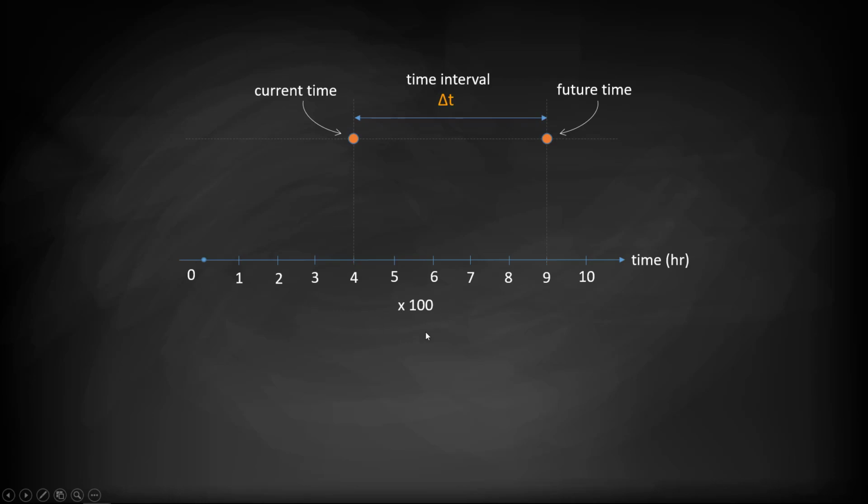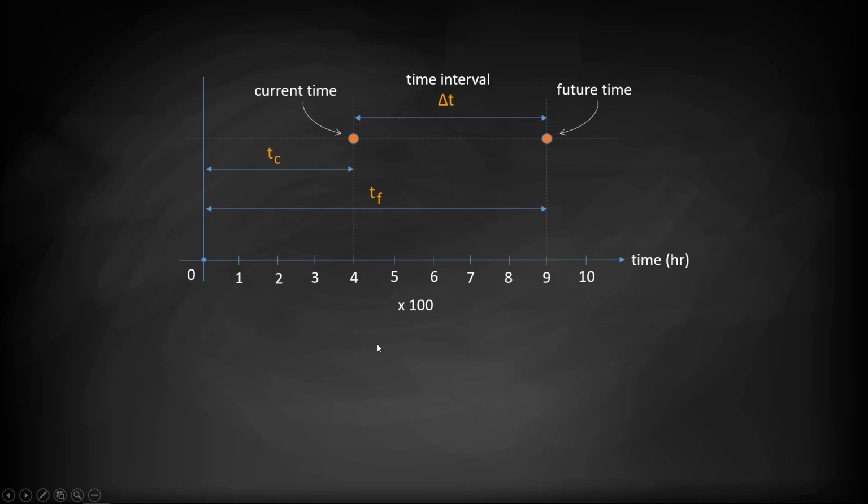Now, let's measure the current time from t equals 0 and label it as T sub C. And from this example, T sub C is equal to 400 hours. Also, let's measure the future time from T equals 0 and give it a label of T sub F, and it's equal to 900 hours.